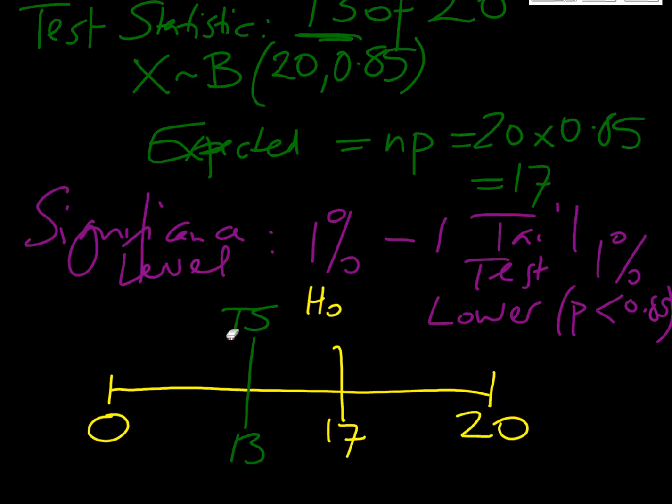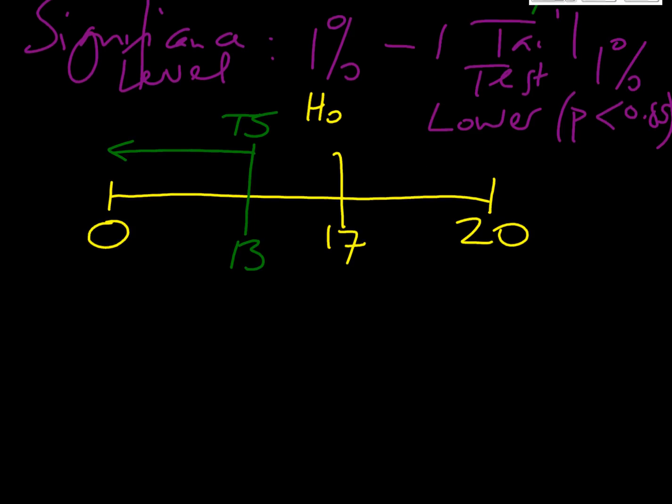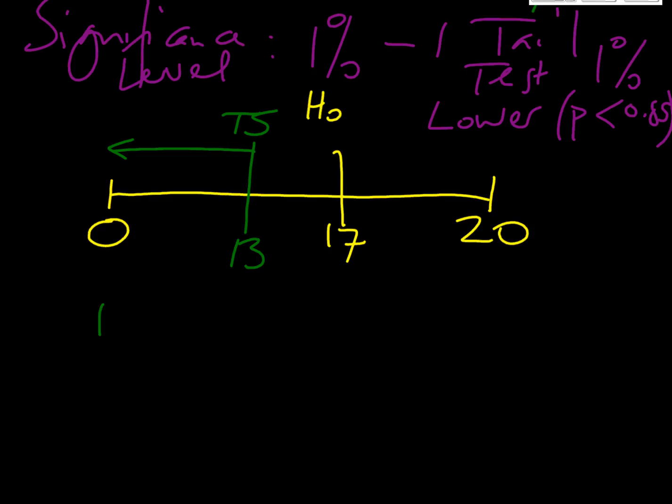We're interested in a more extreme probability in our test statistic, so we're interested in going that way, aren't we? Any test statistic, if we'd actually had 13 or 12 or 10 or 9 or 8, right down to 0, would have been further away from our norm. It'd have been more extreme. So what probability are we going to calculate? We're going to calculate the probability that X is less than or equal to 13, and we can use our calculator for that.